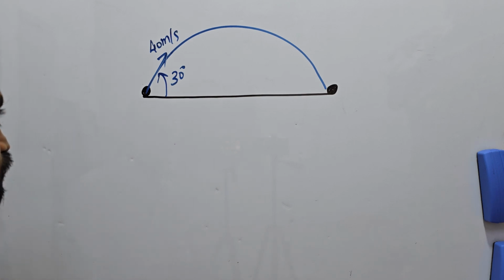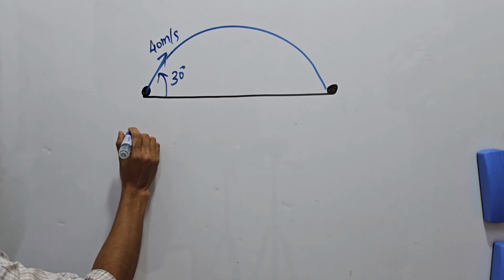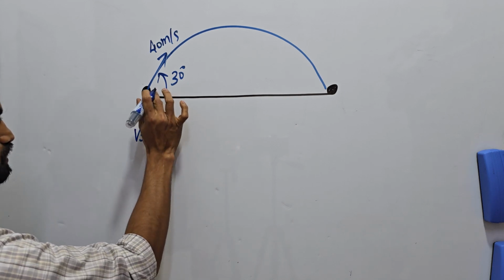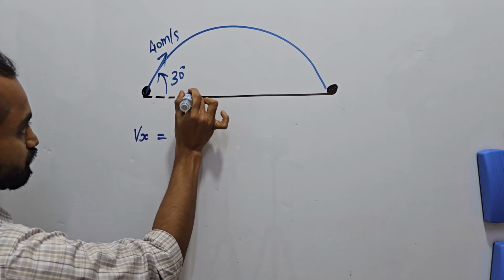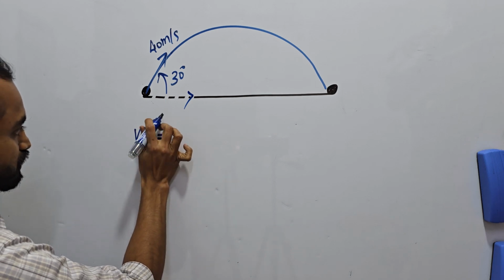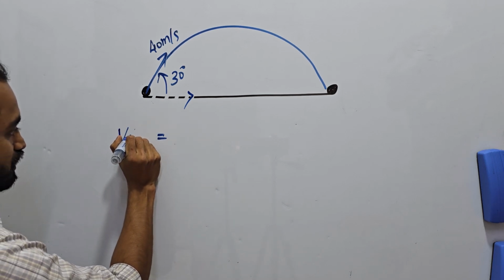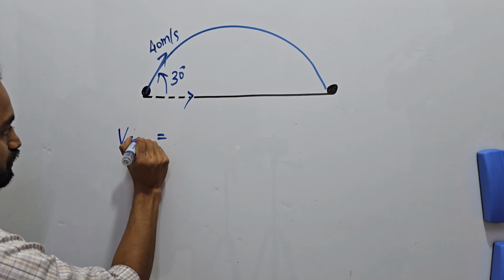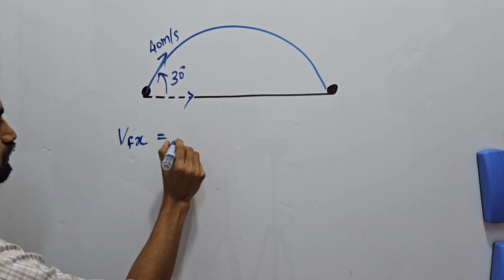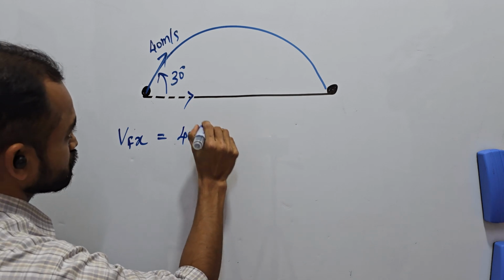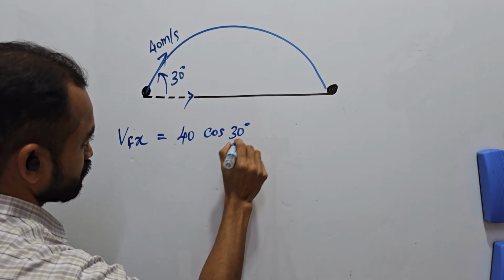So what is Vx? Vx initial, I will write Vix, equals Vfx, which is 40 cos 30, right? How much is it?